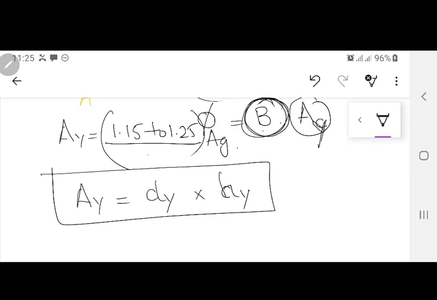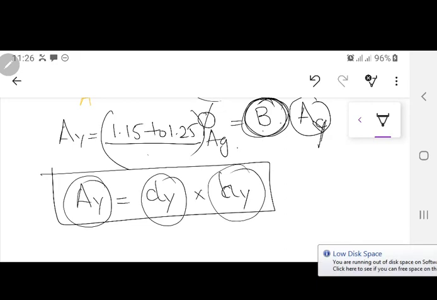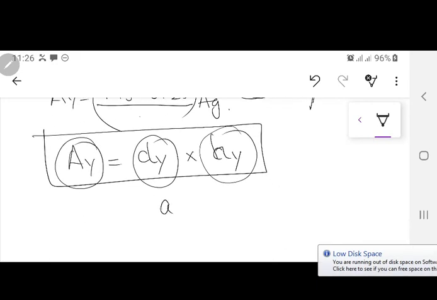The only disadvantage would be that the core losses will be a little higher in the yoke. So when you have calculated AY, you already know your dy because that is fixed. You can find out HY very easily then, because dy is already A, you know your AY, and you can have your HY.